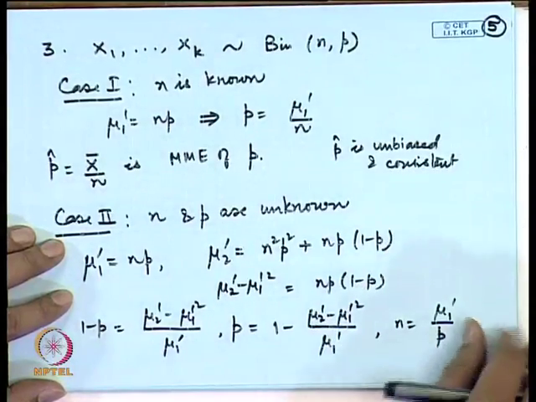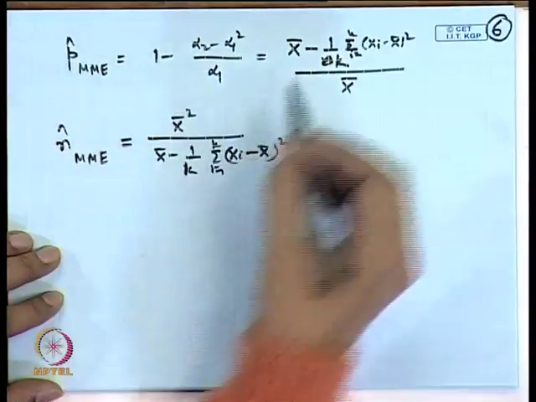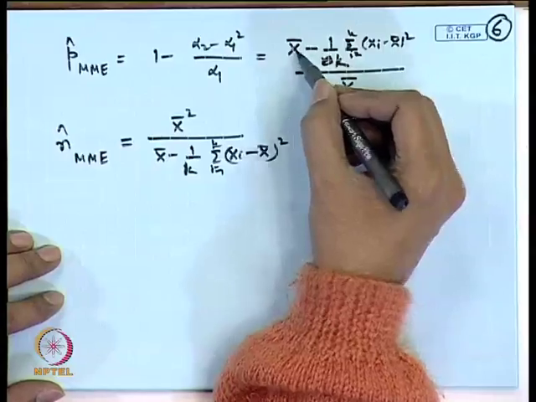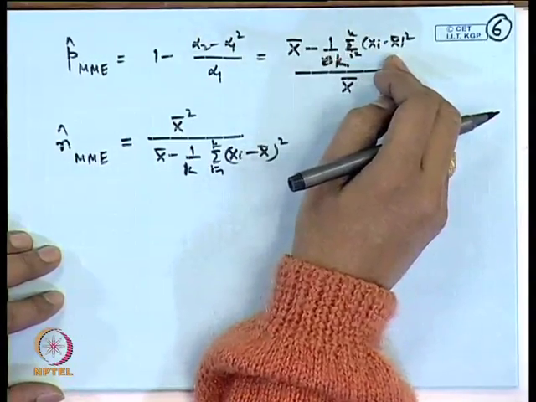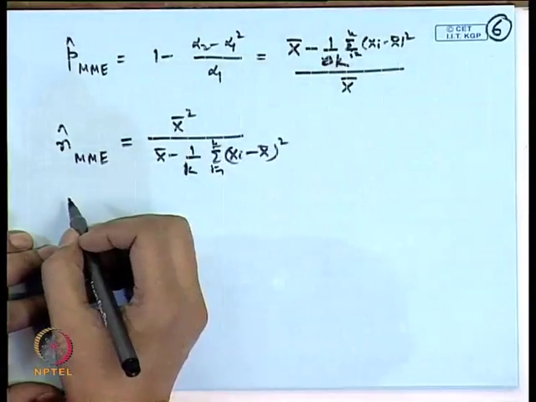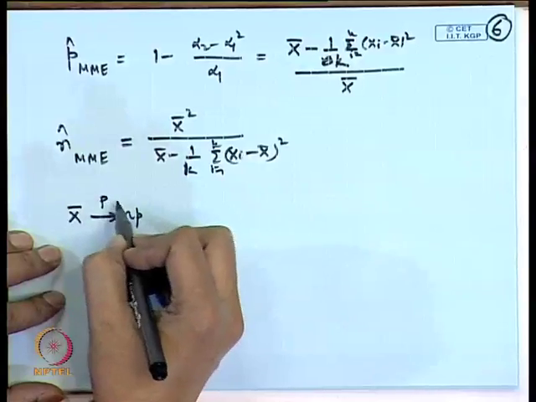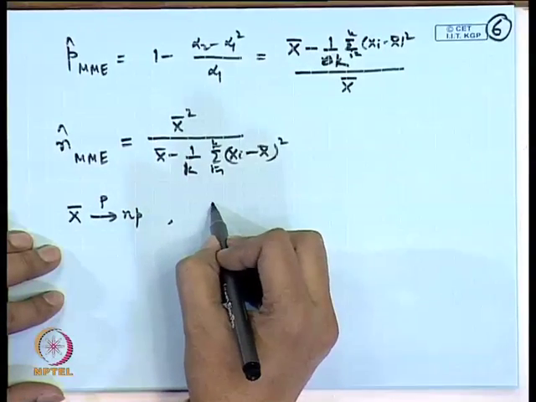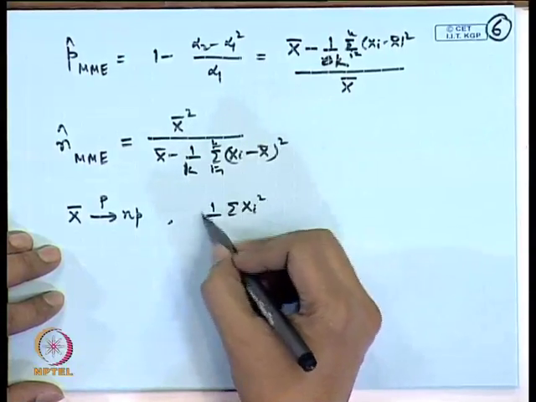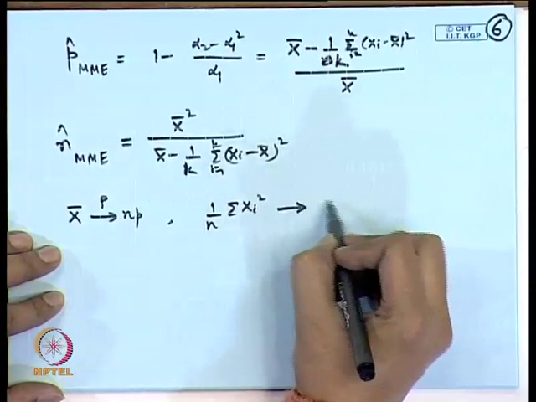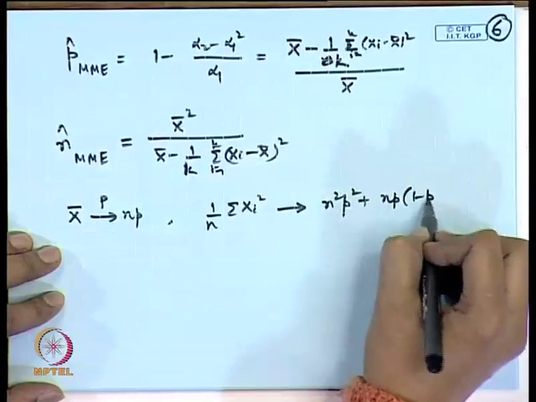Let us take the second case, when both the parameters were unknown. Here, since x bar was unbiased for np, this cannot be unbiased because this is quite different. If we take up the limits here, we have x bar converges to np in probability, and 1 by n sigma x i square, that is alpha 2, converges to the second moment, that is n square p square plus np into 1 minus p.